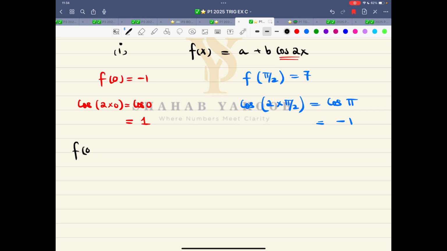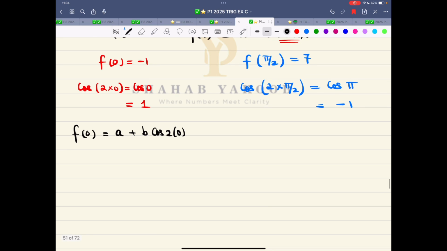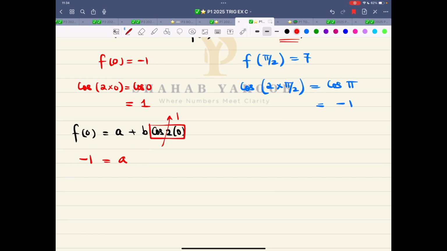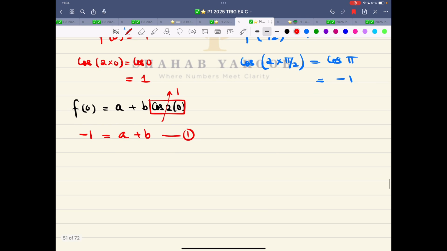f(0) is a plus b cosine 2 times 0. Cosine of 2 times 0 is cosine of 0, which is 1. And f(0) is -1. So a plus b equals -1. That is equation number 1.